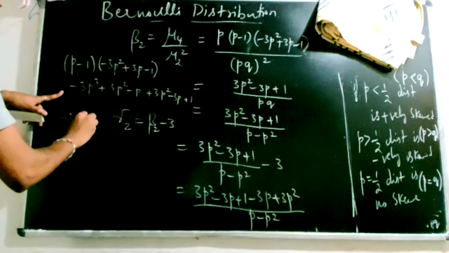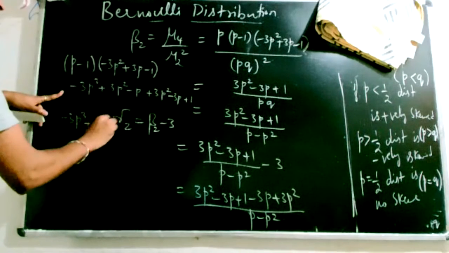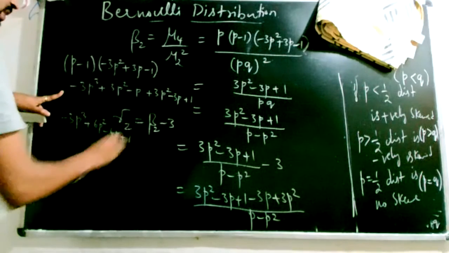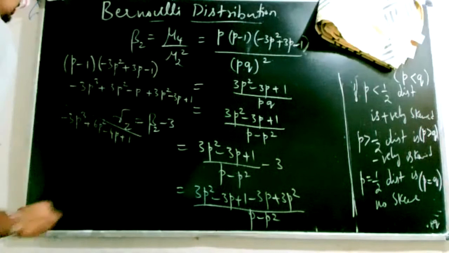Minus 3pq plus 6p square minus 4p plus 1. So what's our mu 4?